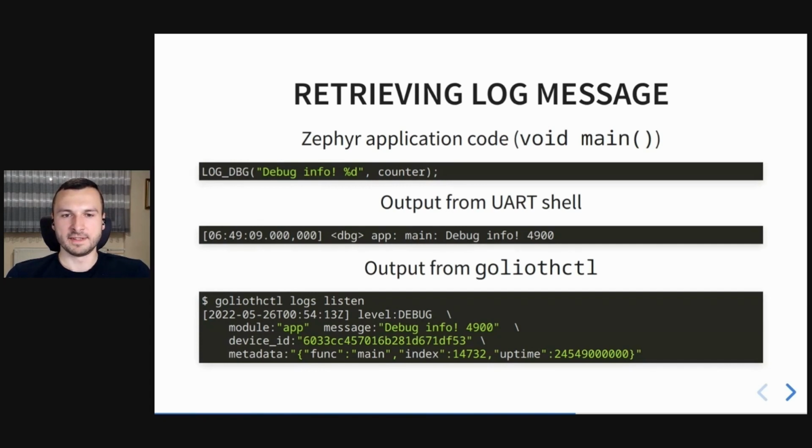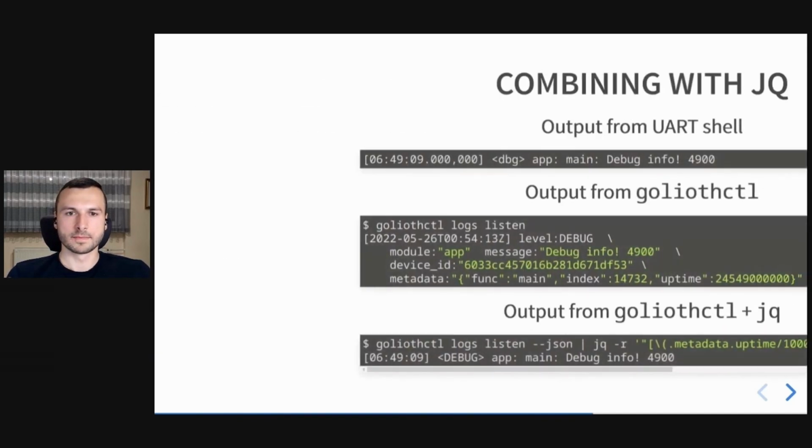Then there is the device ID. And there is the metadata, including the function name, index number, and app name. Metadata is something that the cloud doesn't process itself, but it allows transporting it and displaying it using Golioth CTL.